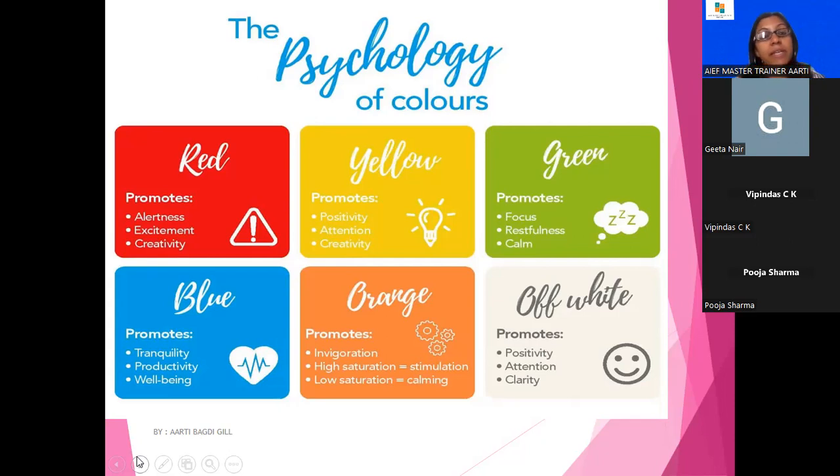But definitely higher grade children, they completely understand red, yellow, green, blue, orange, off-white. So now as a teacher, if I'm looking in my classroom that everyone is using bright colors, but there are 2 or 3 children in my classroom who are actually using colors having certain psychological traits, then definitely I should have a concern in my mind.